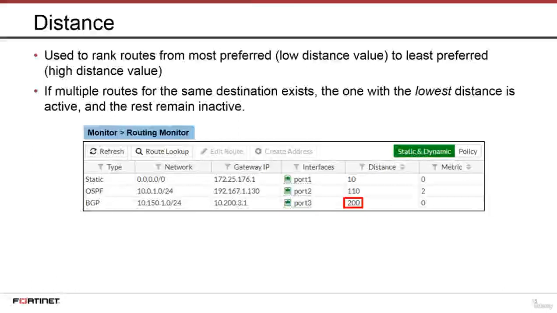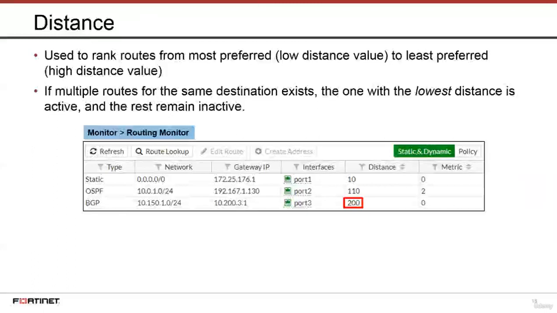By default, routes learned through the RIP protocol have a higher distance value than routes learned through the OSPF protocol. OSPF is considered to be more accurate than RIP. The following values are the default distances on FortiGate.